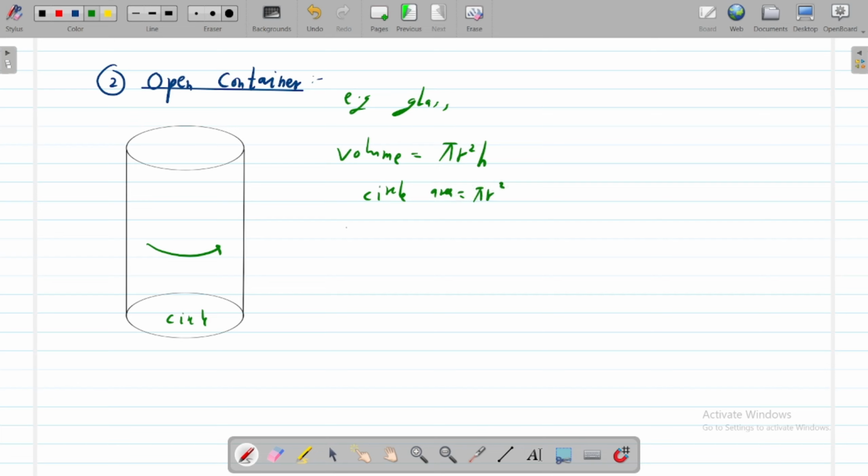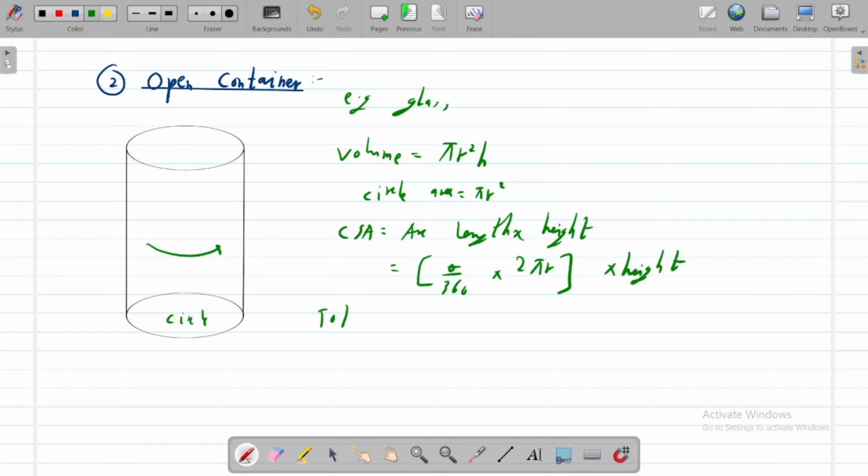Then the curved surface area again is going to be arc length multiplied by the height. We know the formula again. The formula was theta over 360 multiplied by 2 pi r multiplied by height.